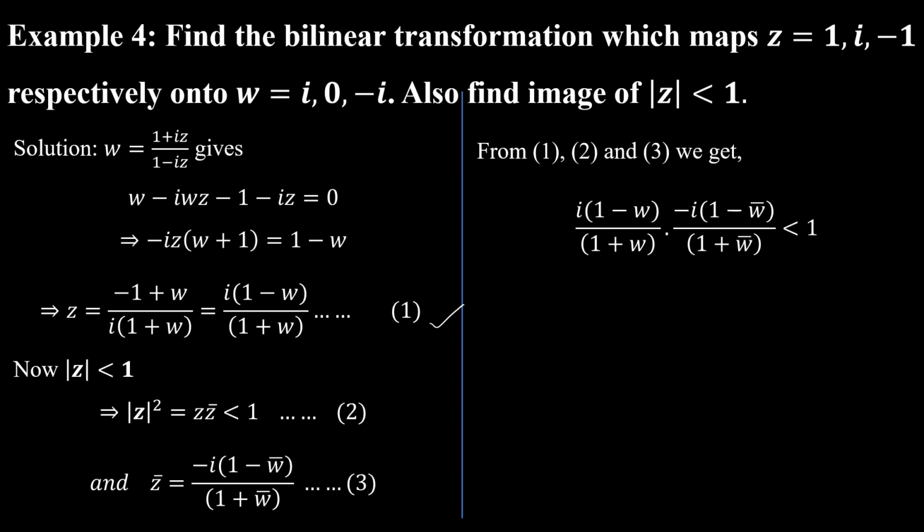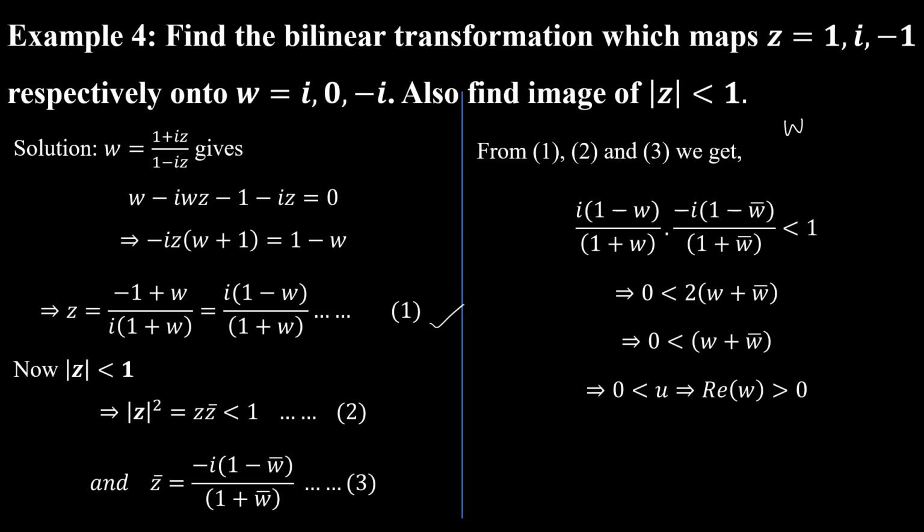So in equation 2 we have kept the value of this one. By putting this, we get 2 times (w plus w bar) greater than 0, and w plus w bar is also greater than 0. And w plus w bar, we know, is twice the real part of w, that is u, because w is equal to u plus iv.